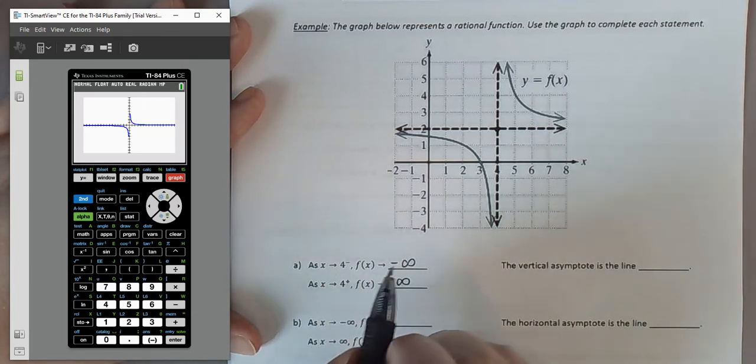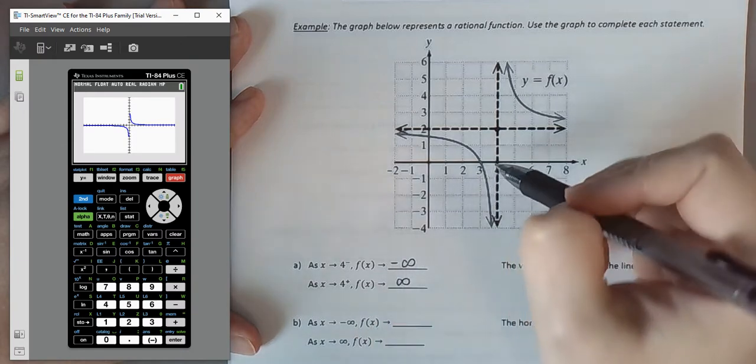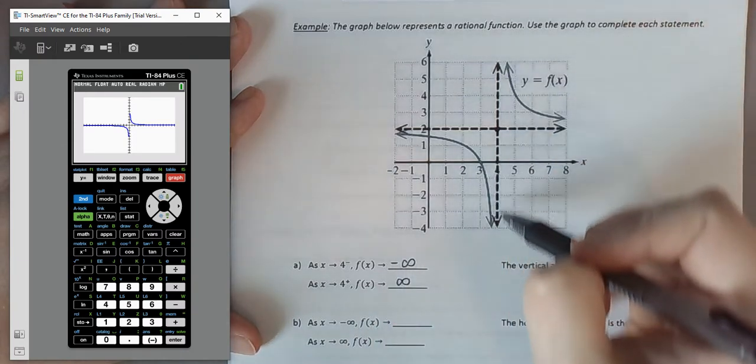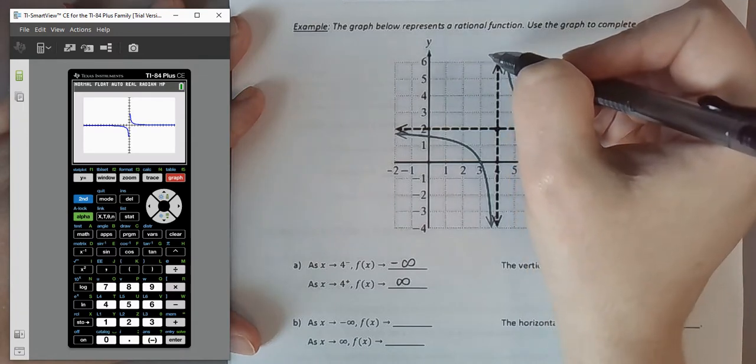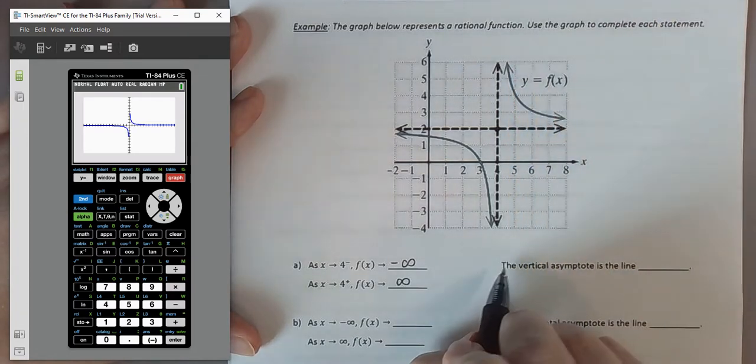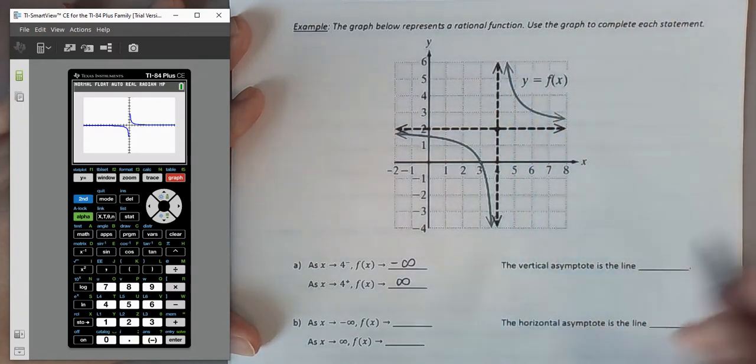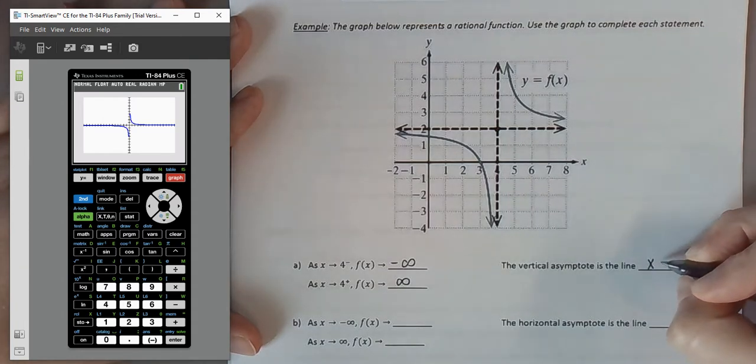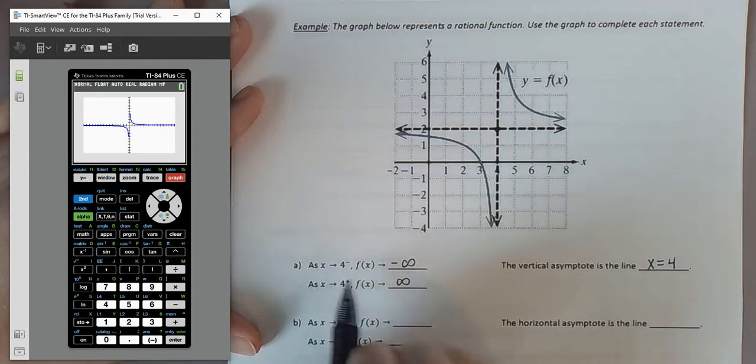The reason we have this particular behavior with our y values is because x equals 4 represents the location of our vertical asymptote. So the vertical asymptote on this graph is the line x equals 4, that value around which we're seeing this infinite behavior with our function values.